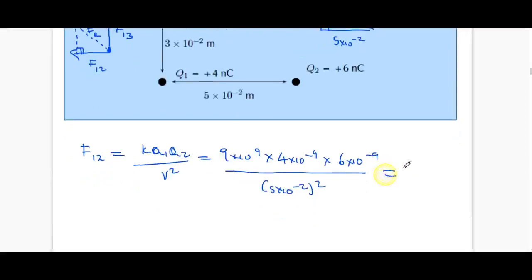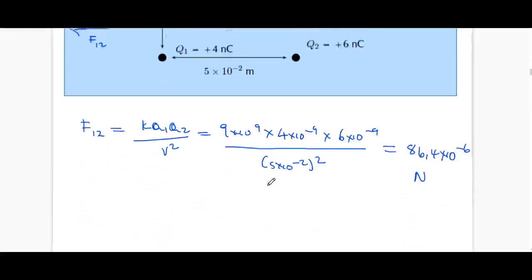So now what does our calculator say? Times 4. So 86.4 times 10 to the power minus 6 newtons.